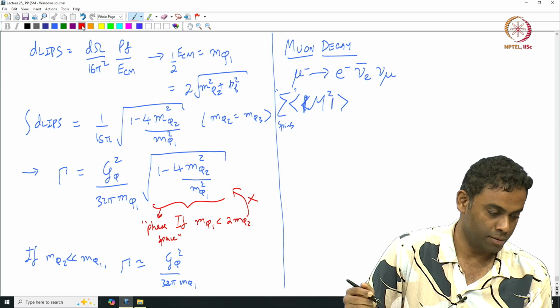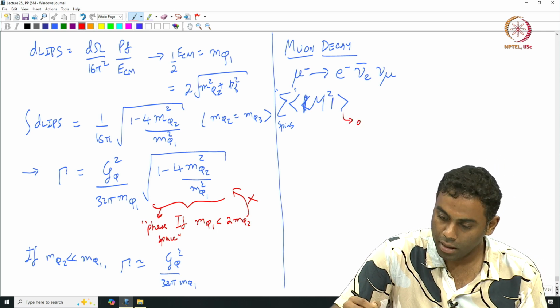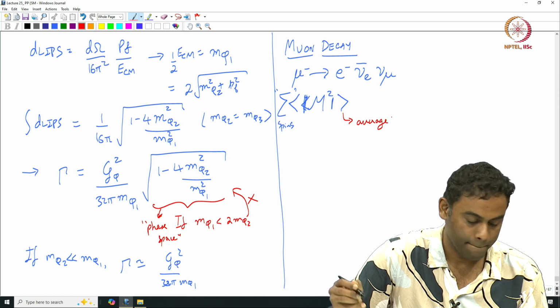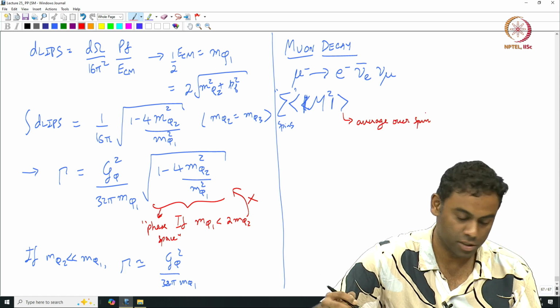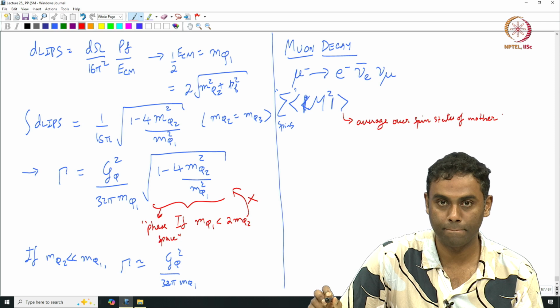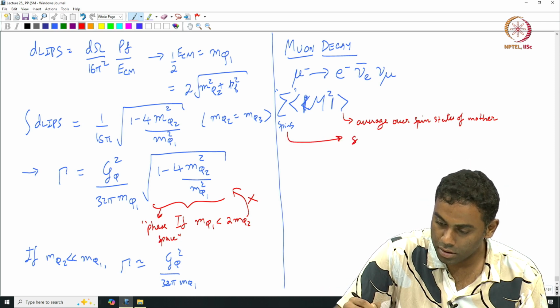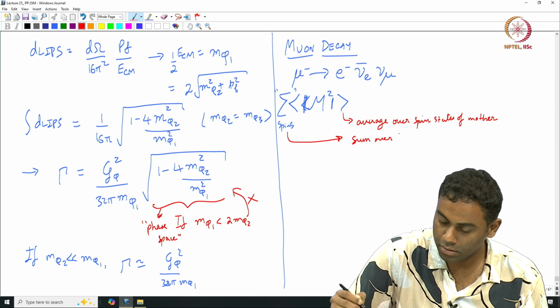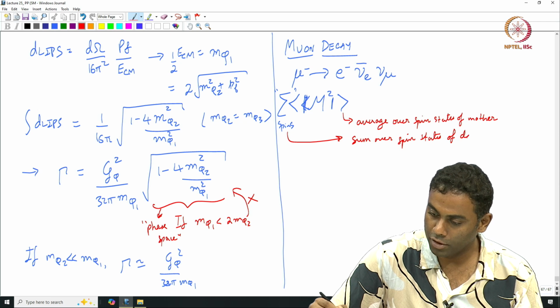So in particular, what this means is you have to actually average over the spin states of the mother, in this case the muon. Okay, but you would sum over the spin states of the daughters.